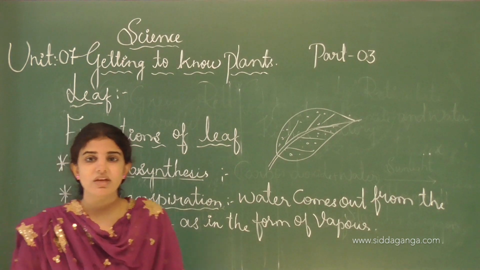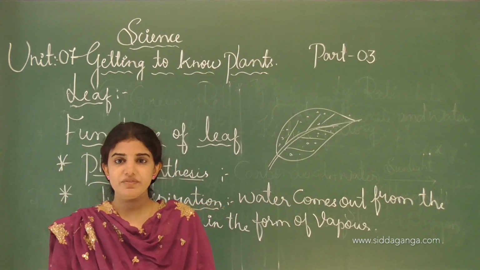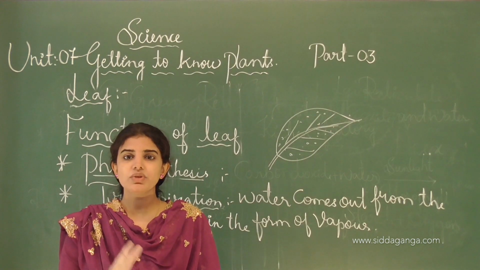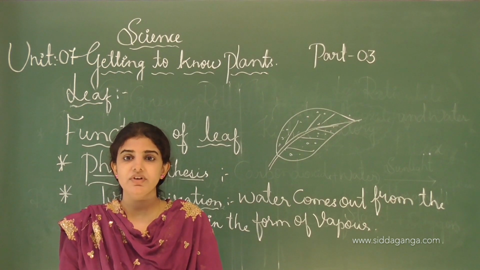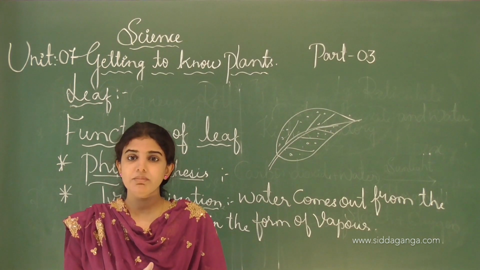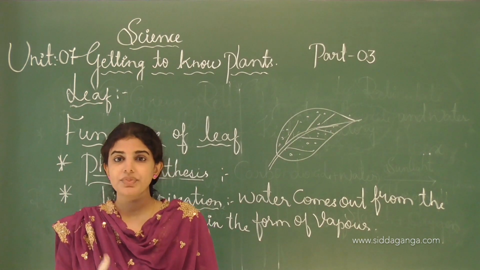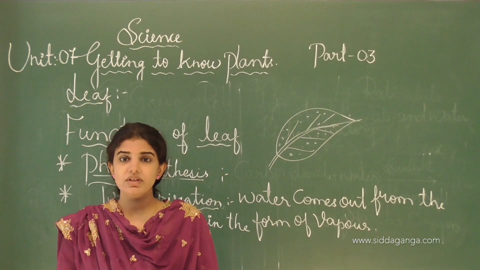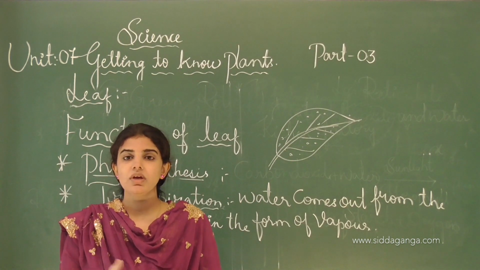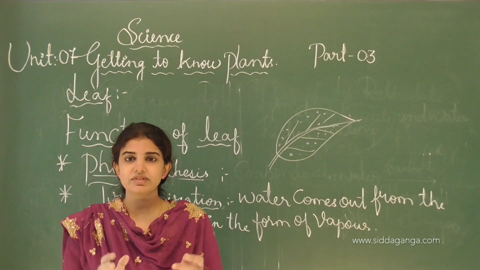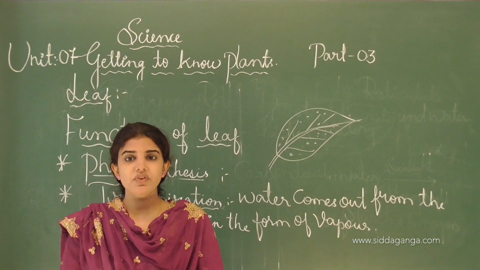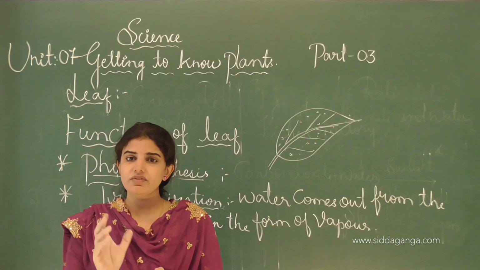In today's class we will learn about the different types of leaves and their parts. According to the leaf, the shape of the leaf differs, and the color also differs from each other. Parts of a leaf include the lamina, the stalk of the leaf called petiole, and the apex which is present at the tip portion, and here we will study veins. The arrangement of veins is called venation.